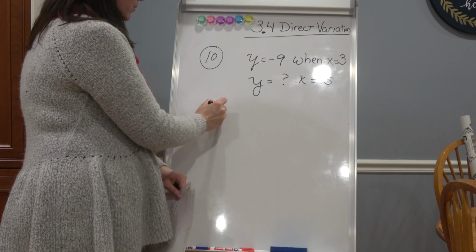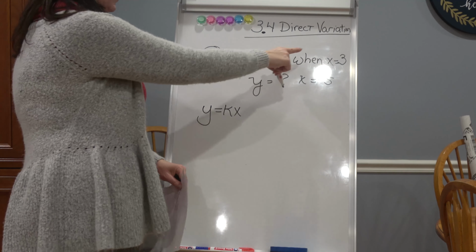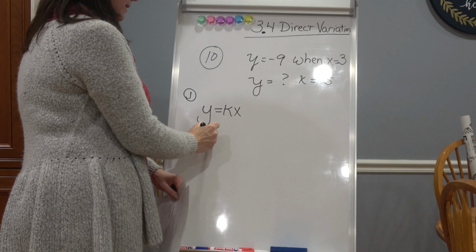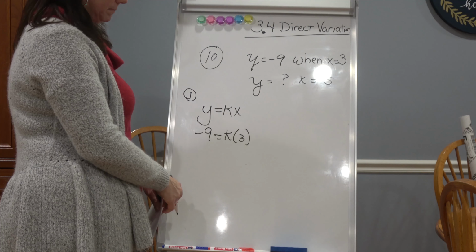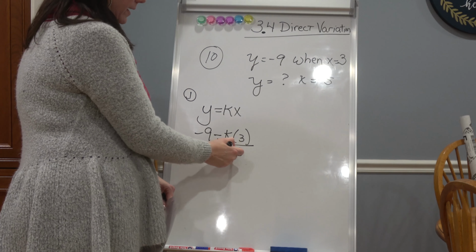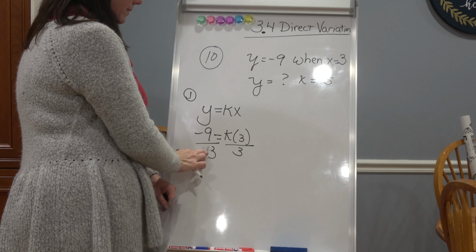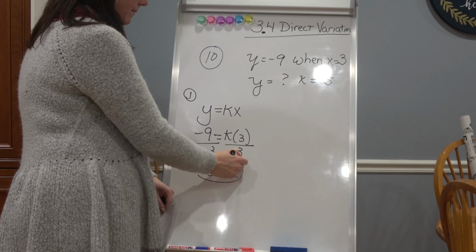So we start out with y equals kx. And then we plug in what we know, right? So we know y is -9 and x is +3. When you divide both sides by +3, you get an answer of -3.